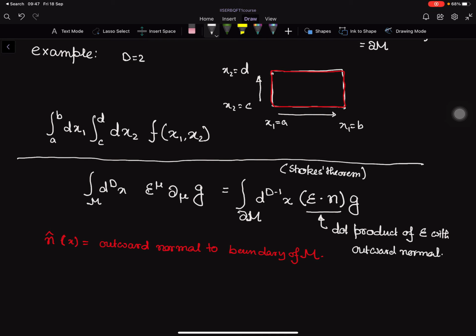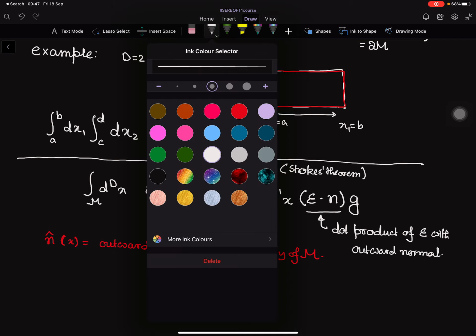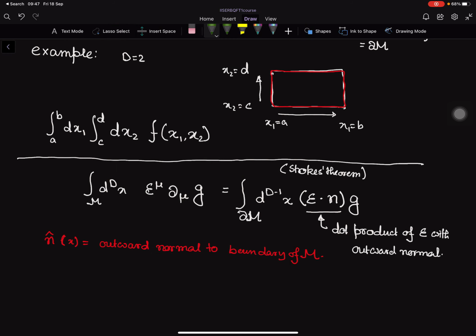Okay, so you see that this is the powerfulness of this theorem. On the left hand side, this is an integral over d variables, whereas the right hand side is an integration over d minus 1 variables.